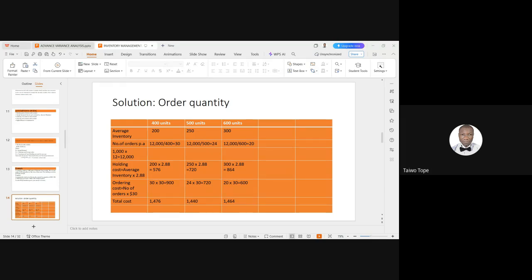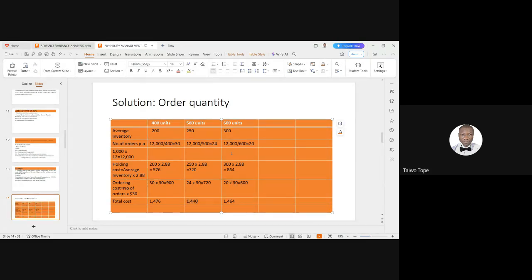So from the question, we are required to make a decision that will be beneficial. When we order 500 units per batch, we'll minimize our cost by incurring 1,440.